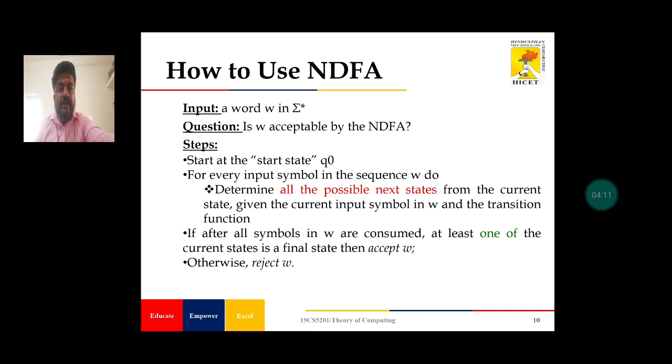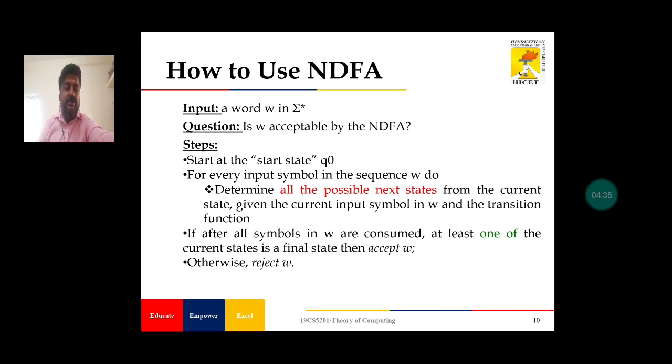How to use NFA? A word W is an input string. Is W accepted by NFA? Start from state Q0. For every input symbol in the sequence W, we determine all possible next states. That's very important. In DFA, we go from one state to exactly one state. For example, input A will travel from Q0 to QF.